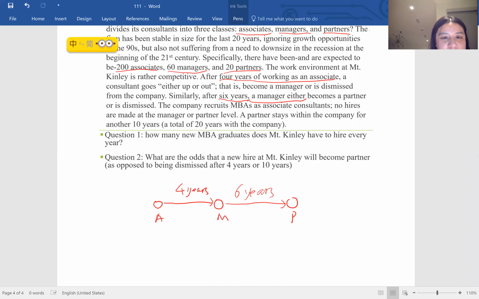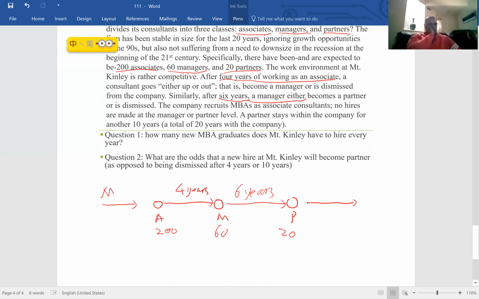The number of associates is stable at 200, the number of managers is 60, and the number of partners is 20. After 10 years, the partner goes out and they only recruit the new MBAs.